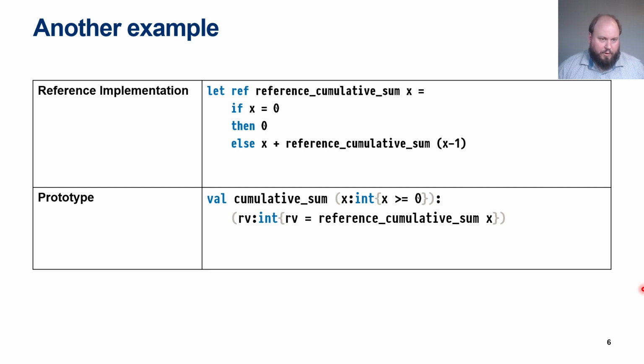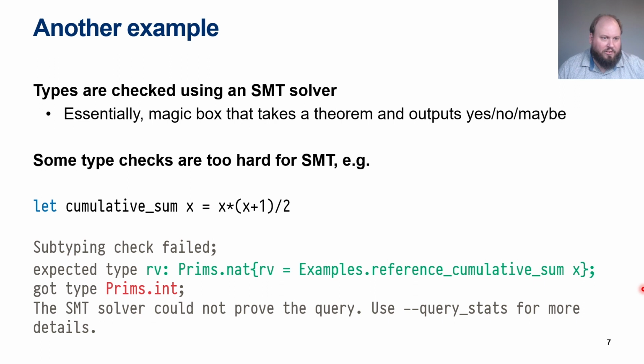We could, for example, just use reference cumulative sum as an implementation of this. But if you go to compute this, then unless you can do some clever optimization, it's going to take order x time to execute. So what we would like is a more efficient implementation.